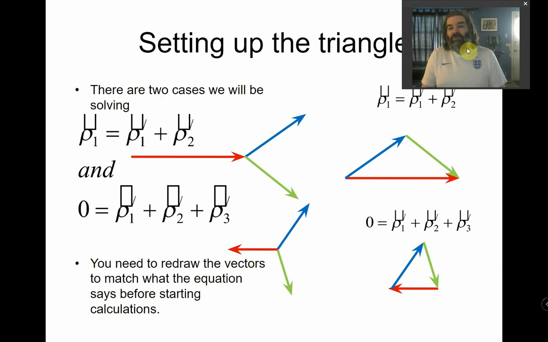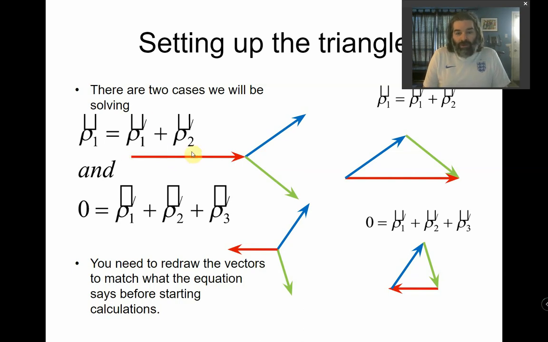So to set up the triangles, the nice thing is there's only two cases I can give you on a test. Everything else will require way too much geometry, and we can't do it in the time that I give you on a test. So there are going to be two questions. One is what we call the billiard ball, where you have one object hitting a stationary object, and then they both go at a slant.